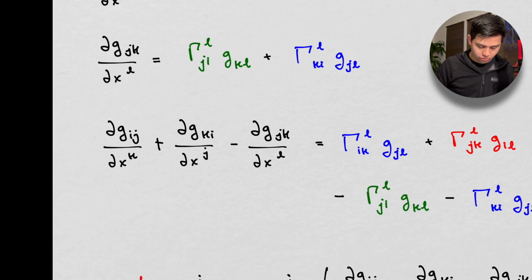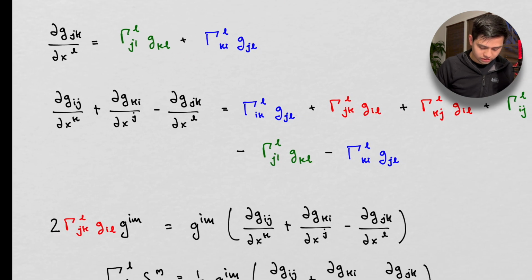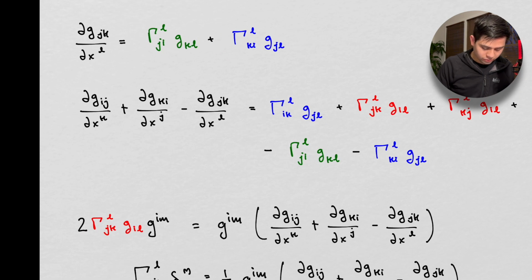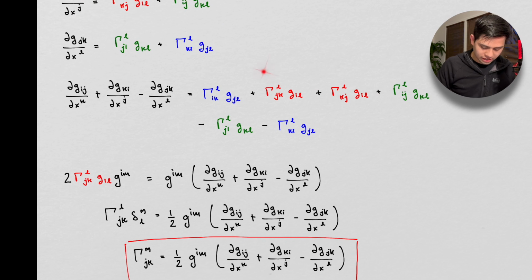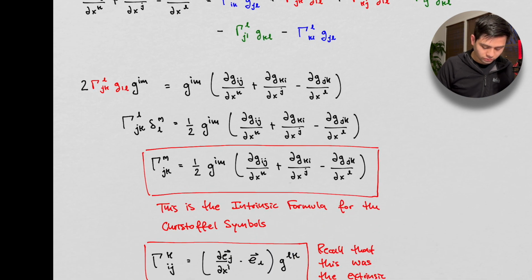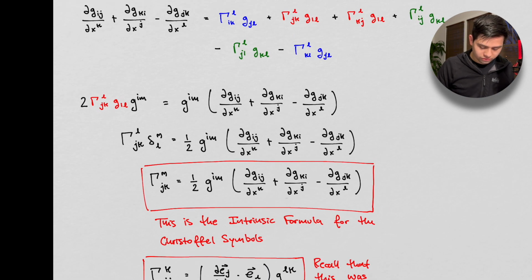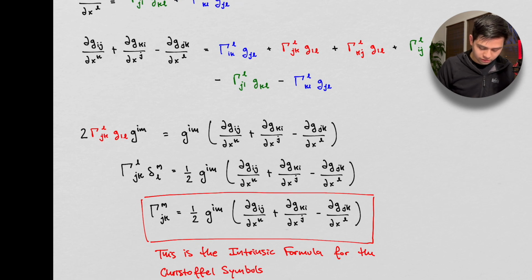And so what we get now is, when we add these two guys and subtract this, we can do that. But now we can actually cancel out these guys, and we get something that looks like this.